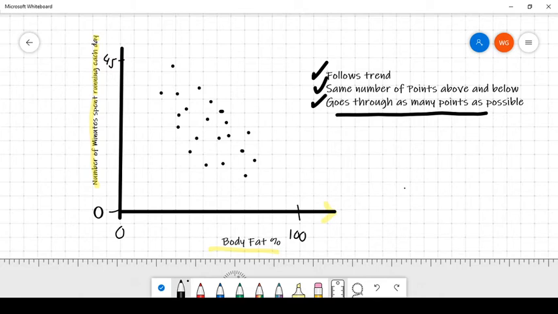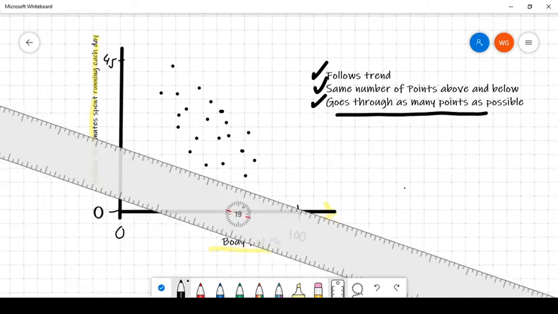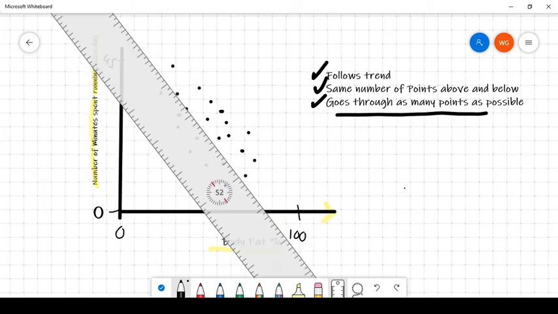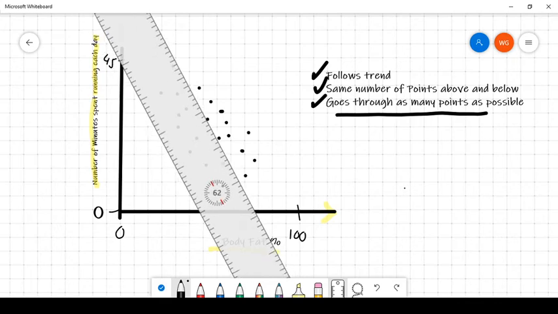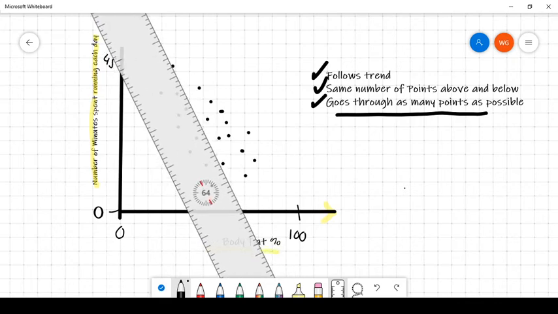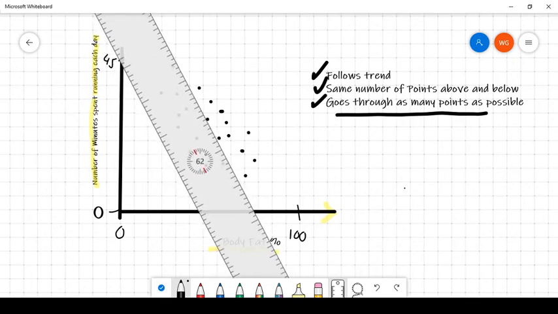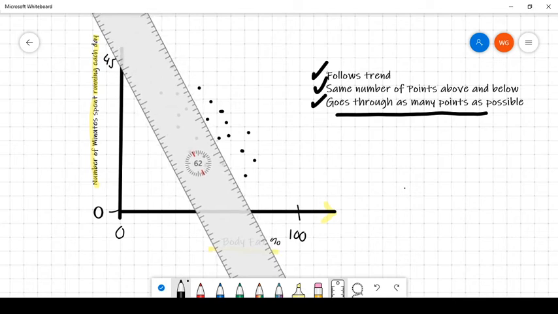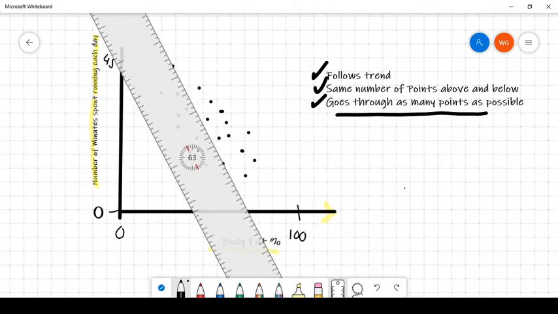If, on the other hand, the only thing that we thought about was that it has exactly the same number of points above it and below it, well, you know what? That might work. But it may not. It just depends, right? If I was only focused on that one thing, maybe I would just see something that looks like this.